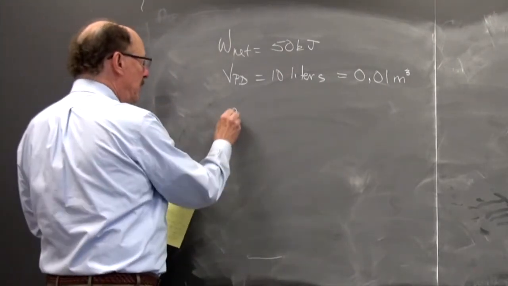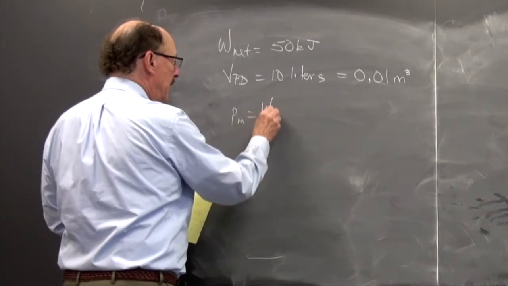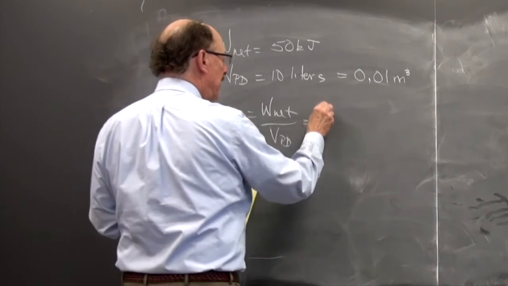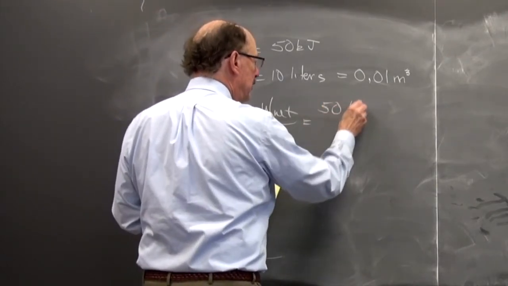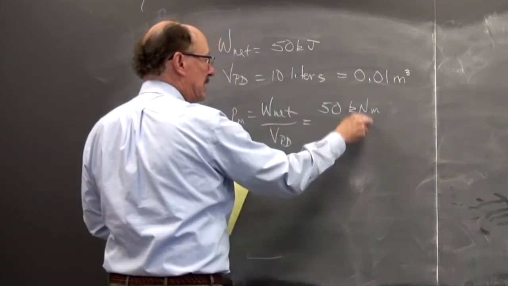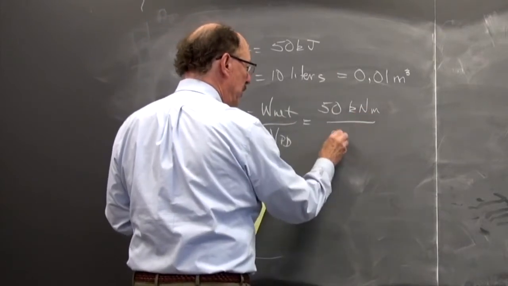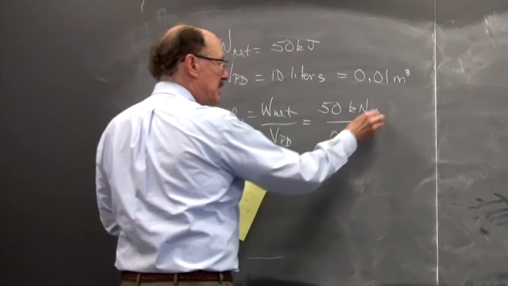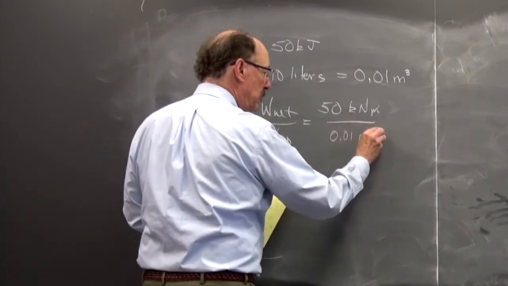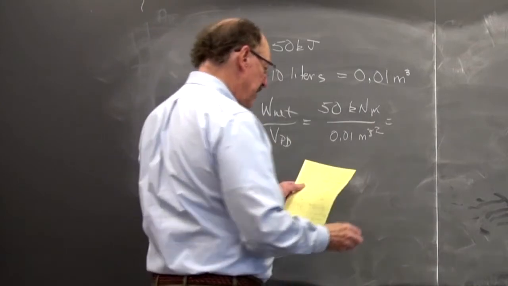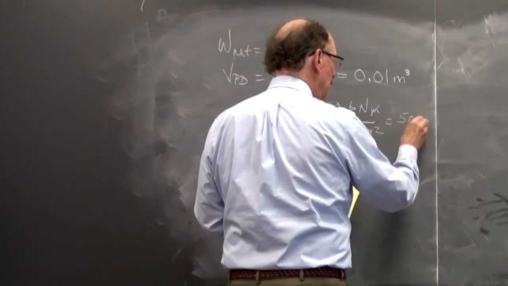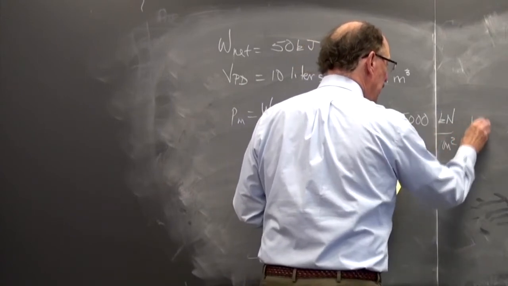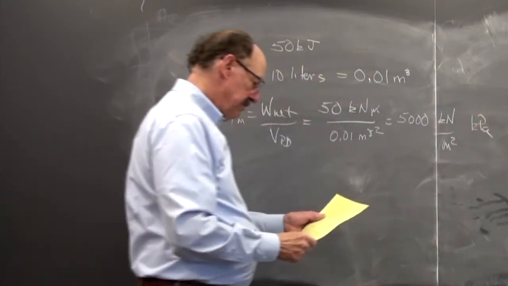Then P sub m, W net over V sub PD, is equal to 50 kilonewton meters, since a kilojoule is a kilonewton meter, divided by 0.01 cubic meters. The meter cancels here and we're left with meters squared. So this is equal to 5,000 kilonewtons per square meter, or kPa. So this gives us the kPa.